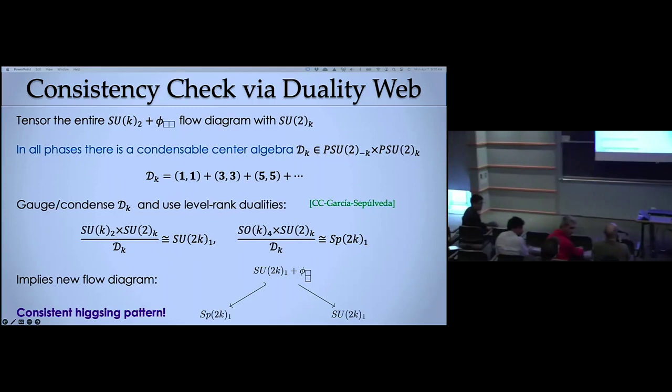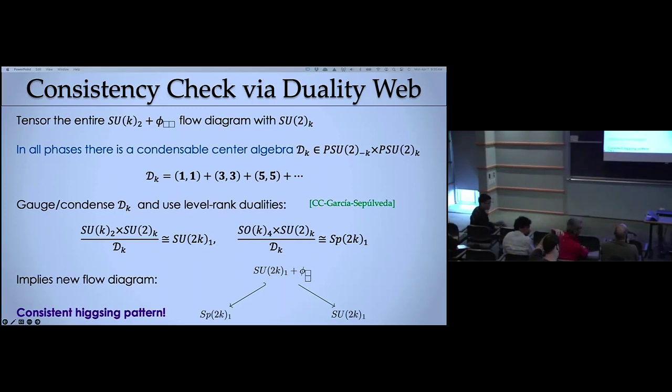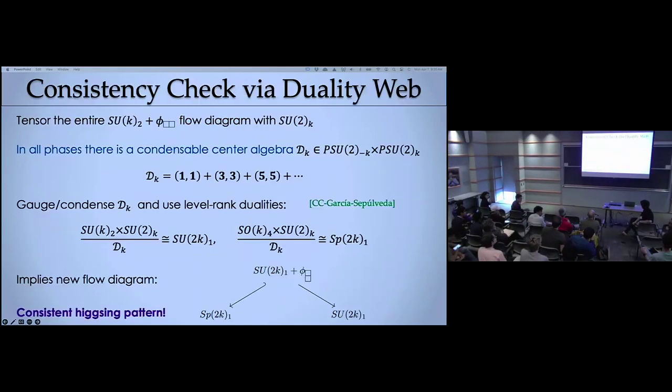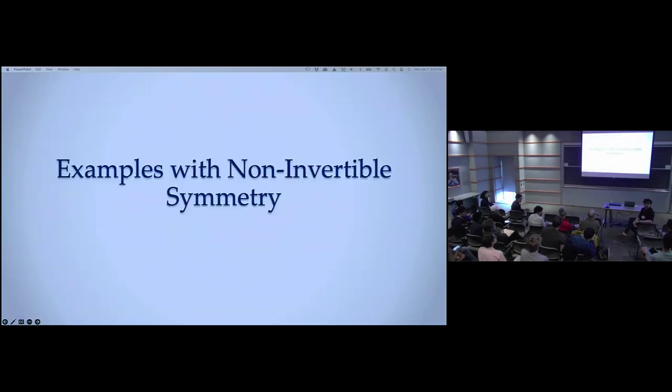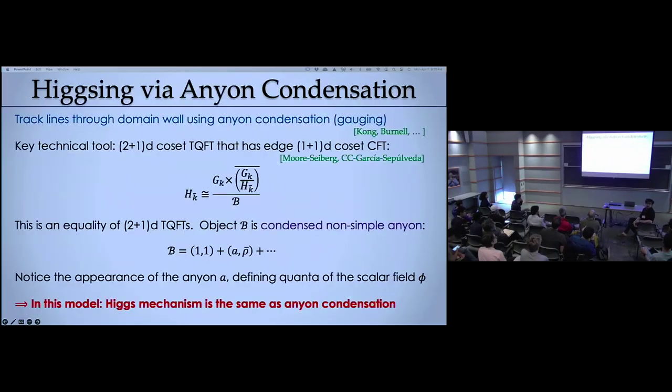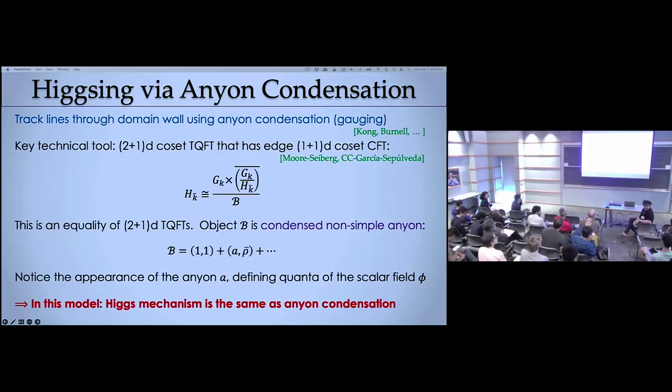Yeah, I just had a question about the dynamics of the transition. So in this anyon condensation interpretation, you said that in the GK to HK tilde transition, you stacked with this additional thing, and then you condense this B. So dynamically, if I took a theory where the parent phase is already GK times GK mod HK tilde theory, and then you go to a HK tilde phase, that's a different Higgsing transition from the transition that goes directly from GK to HK tilde.